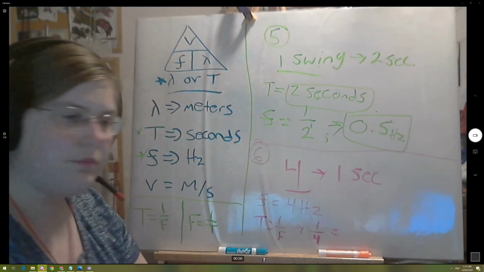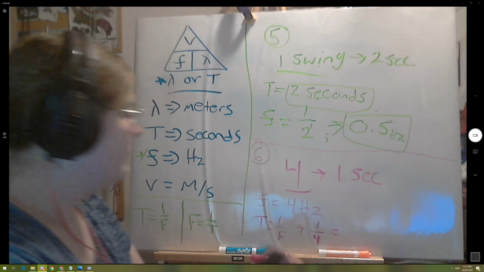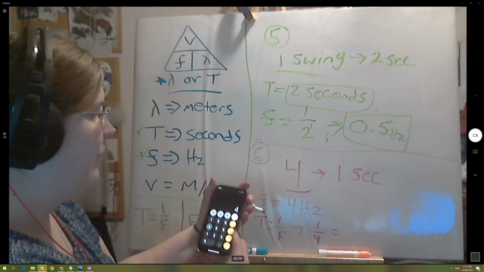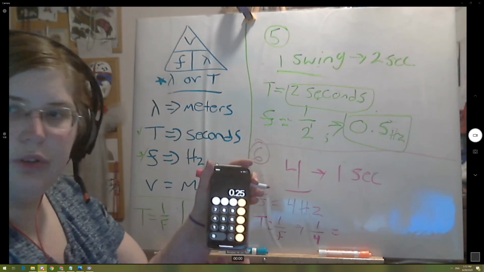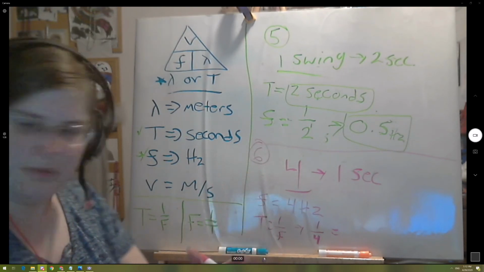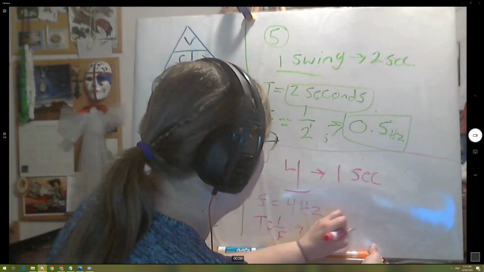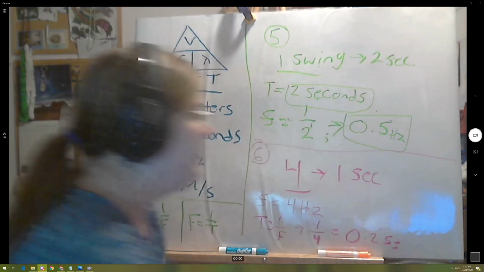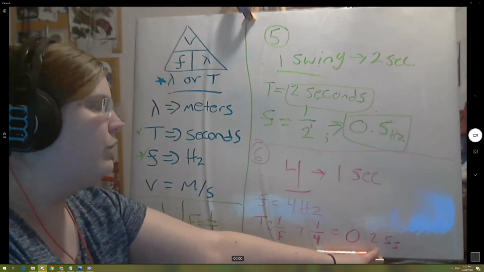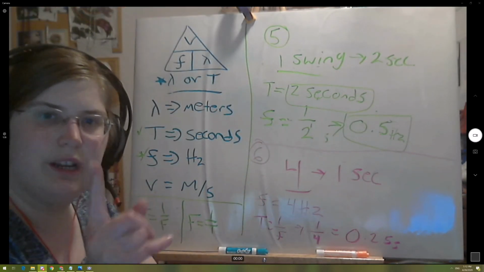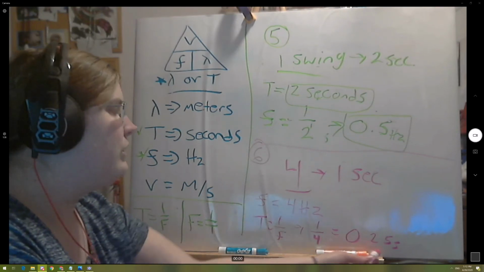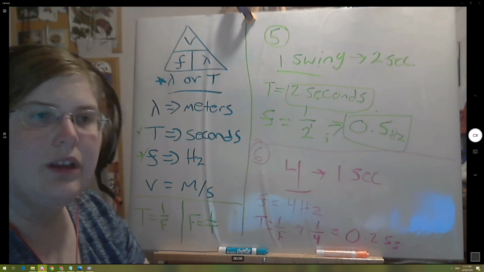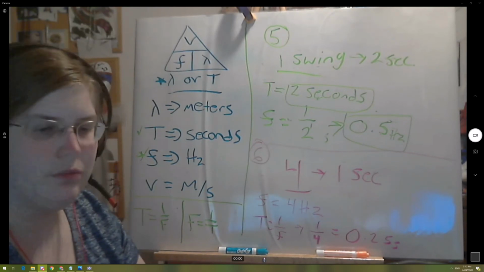Okay? So 1 divided by 4 is 0.25. That means it takes 0.25 seconds for 1 cycle to happen. In other words, a quarter of a second in order for us to go through 1 vibration in this question. Okay?